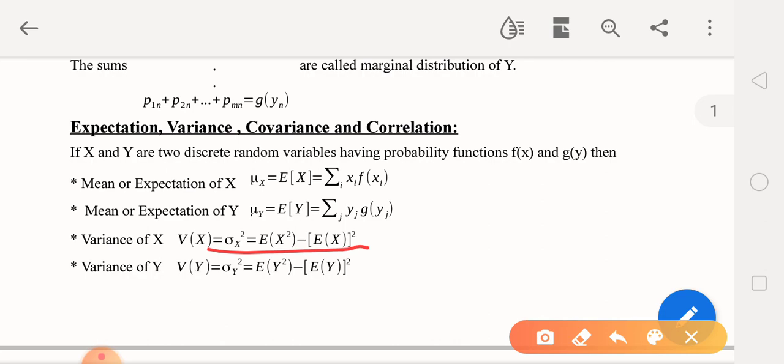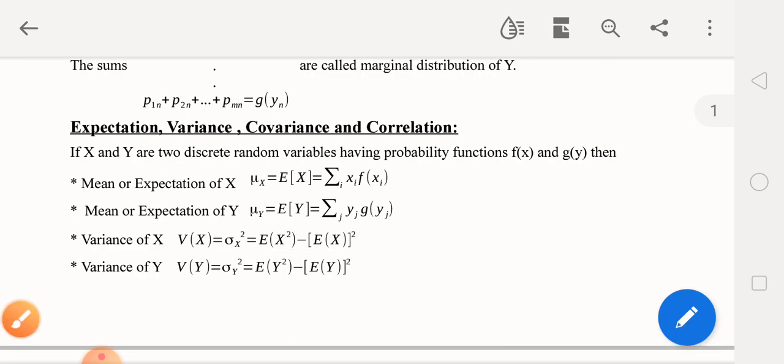Here one thing you have to note is that variance we write as sigma x or sigma y whole square. Square is for sigma, not for x or y. So here we have to consider expectation of x square or expectation of y square, then expectation of x or y whole square.